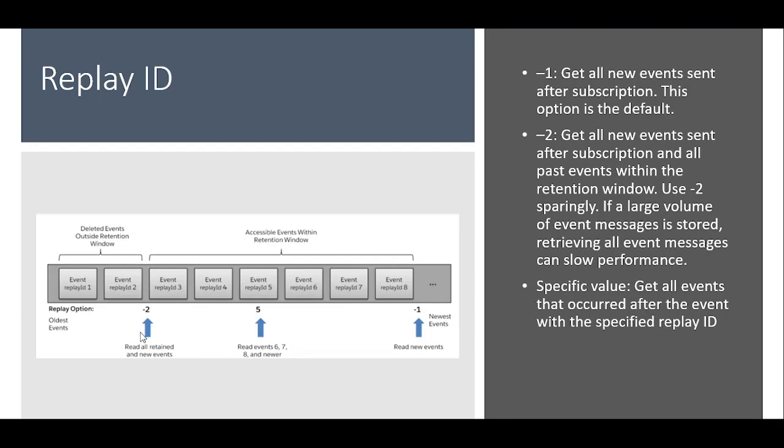You can consider this bar as a retention window, where you see some old deleted events which were outside the retention window. Any event which you published more than 72 hours ago, you cannot retain, and it will not be in the retention window.